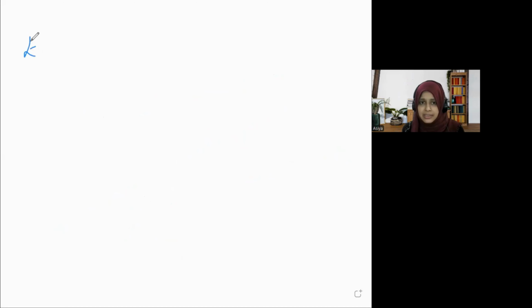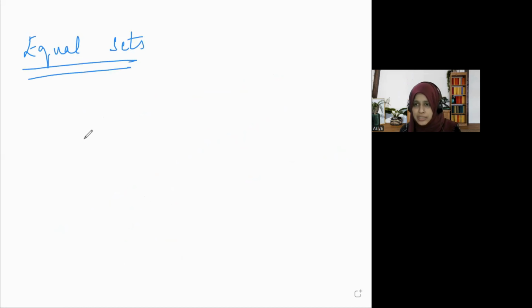Now, the next type of set that I am going to talk about is equal sets. Now, what do you mean by equal? When do you say equal? When you're comparing, that means I am going to compare two sets here. Okay, so let me name it as set A and set B. Now let us see what are these equal sets.